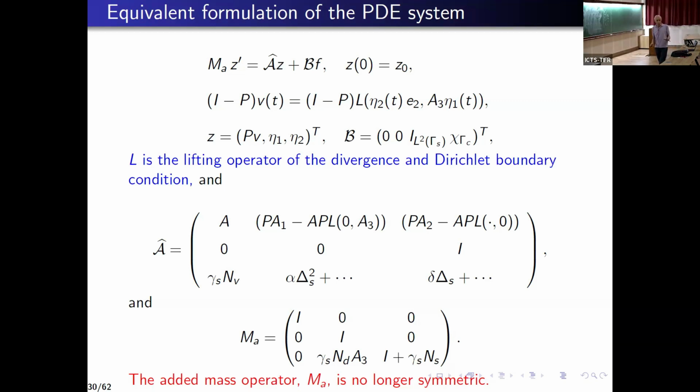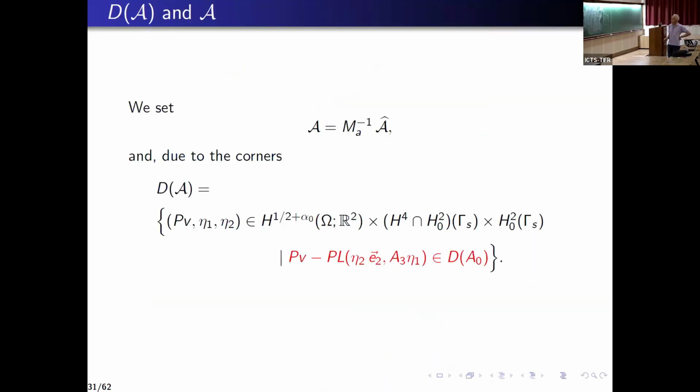The analysis can be done still in that case, but it's more complicated. And I'm not going to present the details, but it's doable. What I have to introduce is just the fact that the domain of this operator, which is defined like that, is a space of functions for which we have this regularity and this compatibility condition.